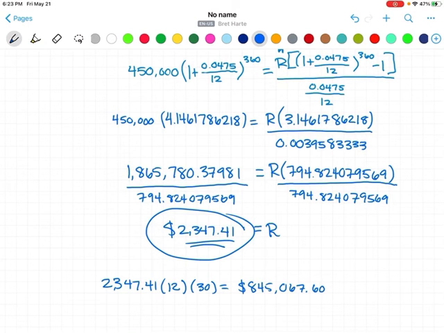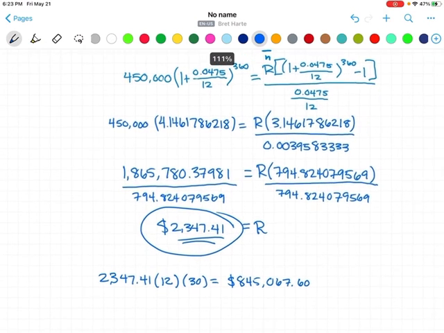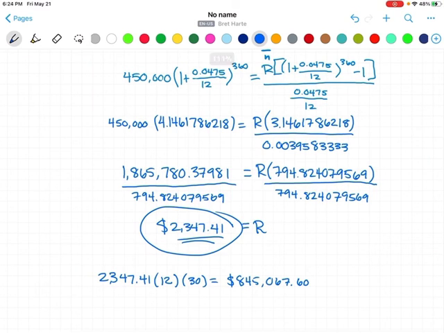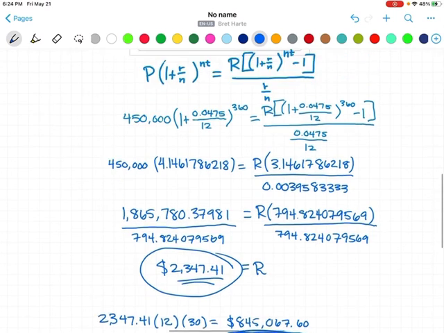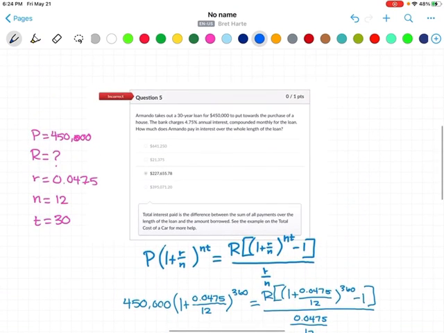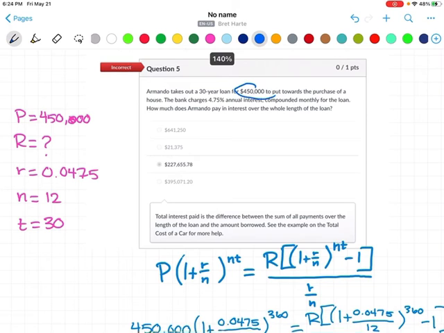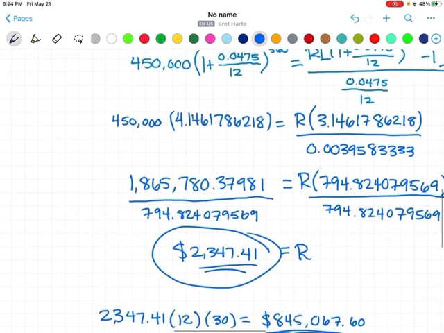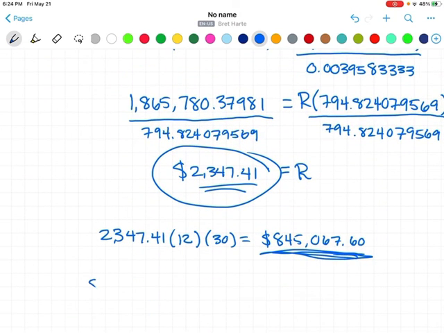The difference between this number and this number should be the amount of interest he paid. So let's try that. $845,067.60 minus, I believe it was a $450,000 loan. Yes.